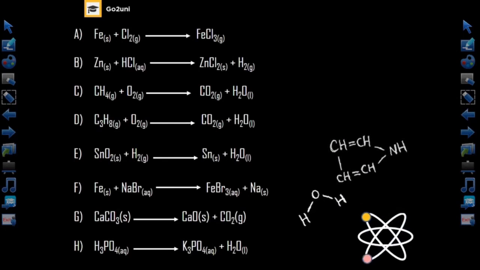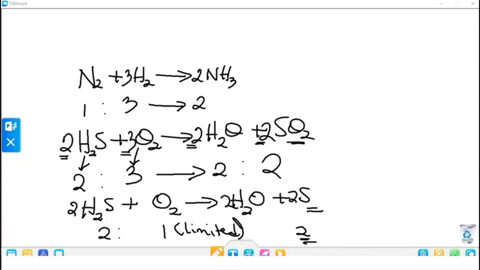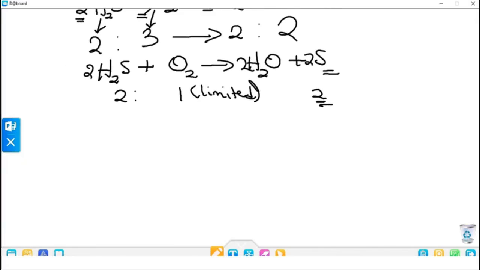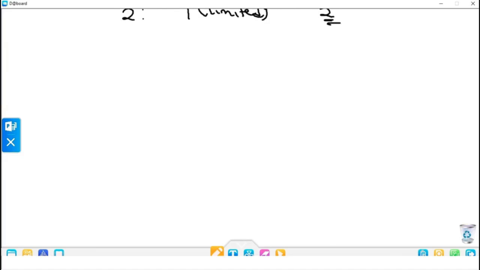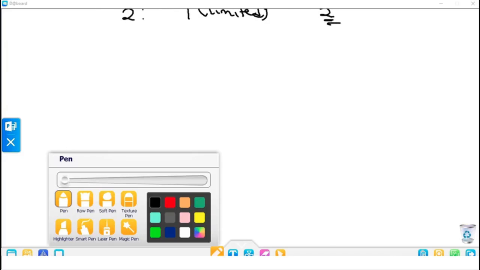So we are going to take a look at these equations and take a step-by-step approach to balancing them, one after the other. Looking at the first equation, equation A, now we're going to see how to balance that. Let us carefully take this up and then we proceed.